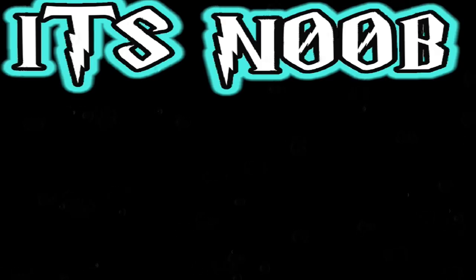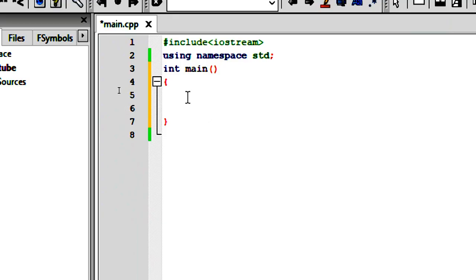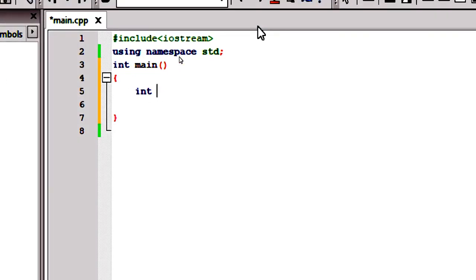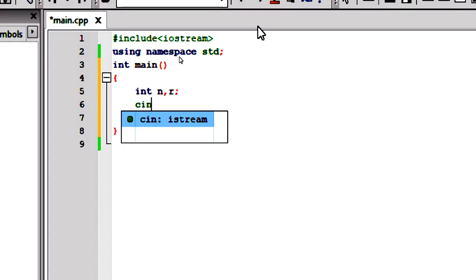I'm here using Code Blocks. Let's zoom in for your visibility. So guys, first of all we have to take the values of n and r from the user.